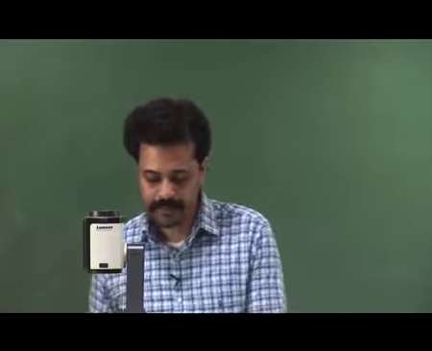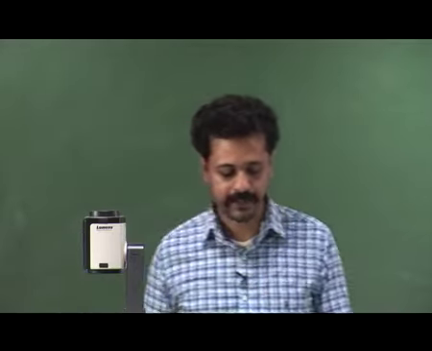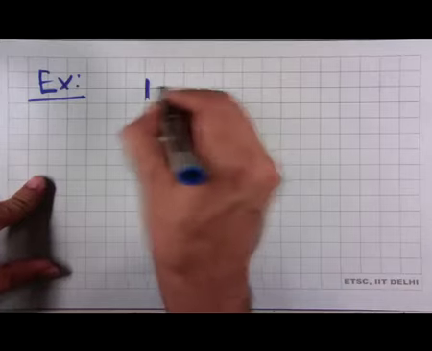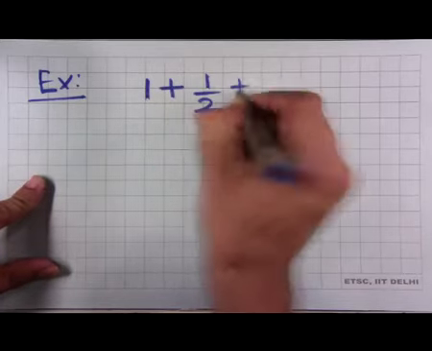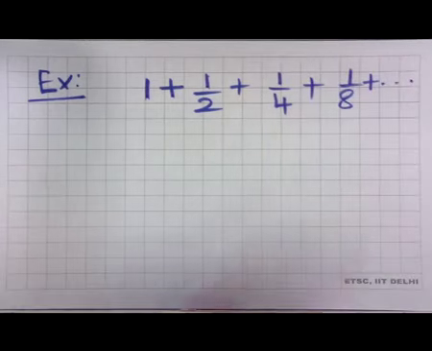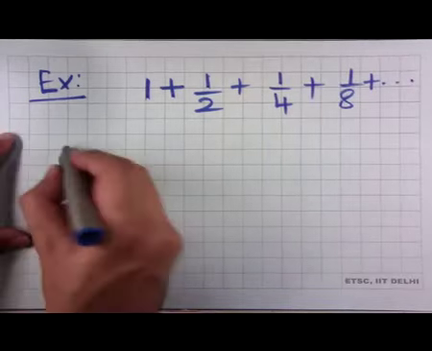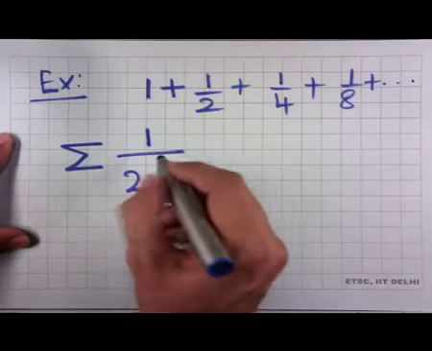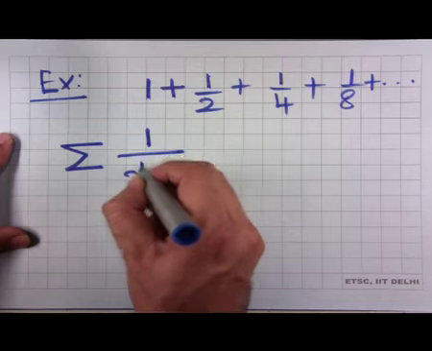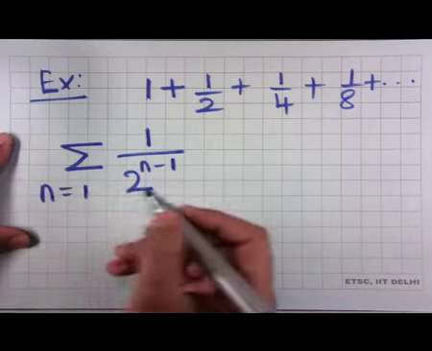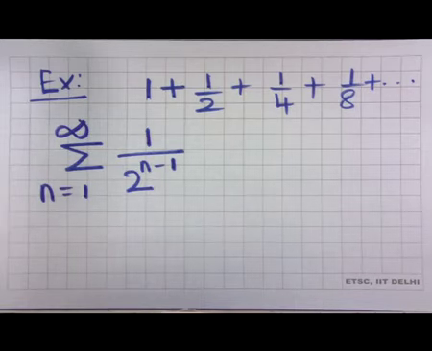It will be more clear if I give one more example. Let me consider 1 plus 1 by 2 plus 1 by 4 plus 1 by 8 plus etc. That is the sequence 1 by 2 power n minus 1, and the corresponding series summation n equal to 1 to infinity of 1 by 2 power n minus 1.